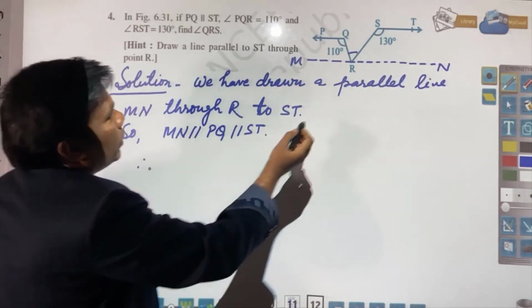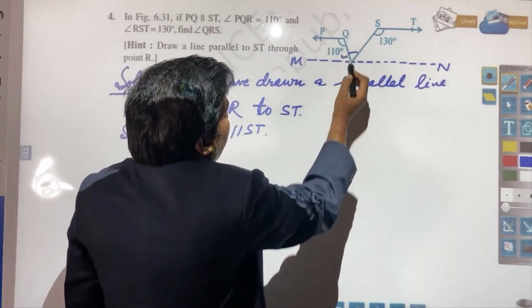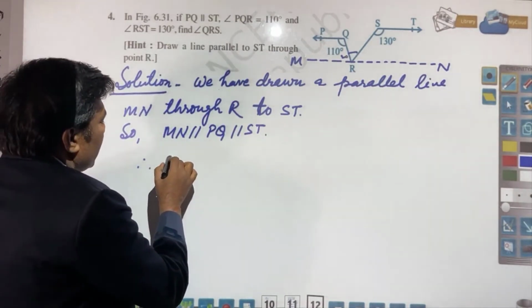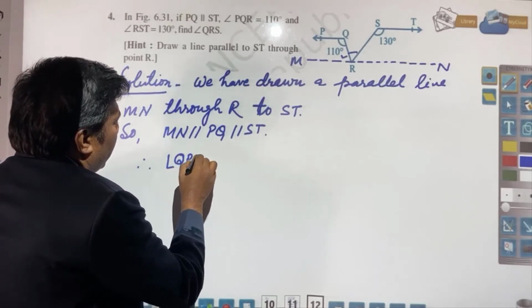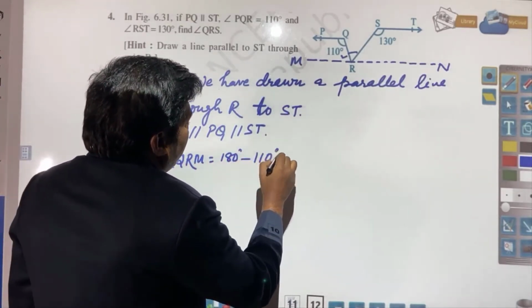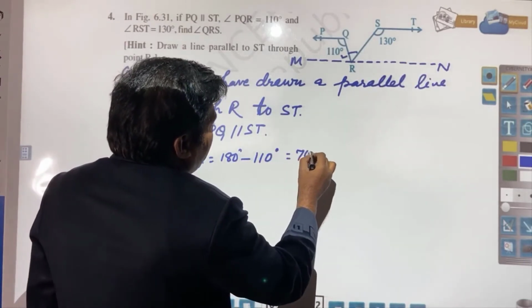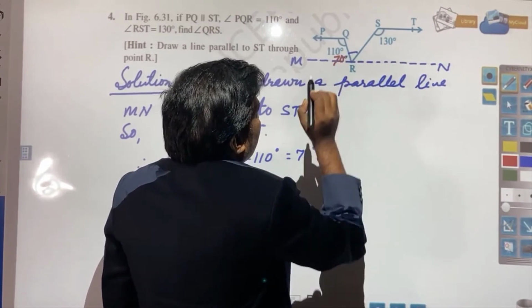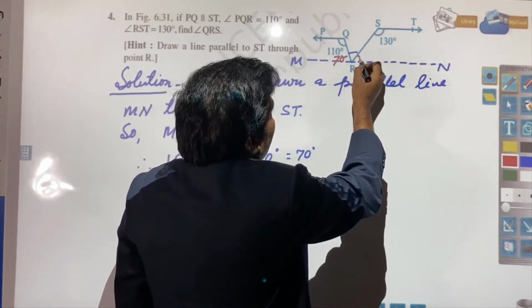Therefore, here you see this angle. This angle we have to find out. So this angle will be QRM. Angle QRM will be equal to 180 degree minus 110 degree. It means 70 degree. So this angle you have got 70 degree. Now this angle we will find out.